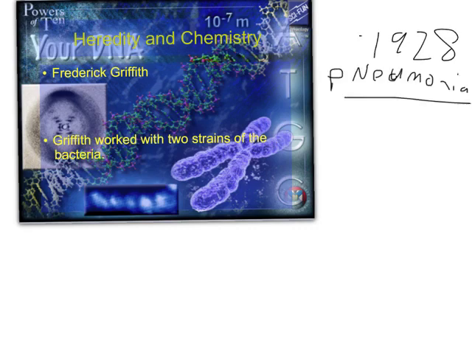He was preparing this vaccination for pneumonia, and obviously what a vaccine is, it's a substance prepared from an organism that's weakened or possibly dead, and it's introduced into the body to help produce an immunity to it.